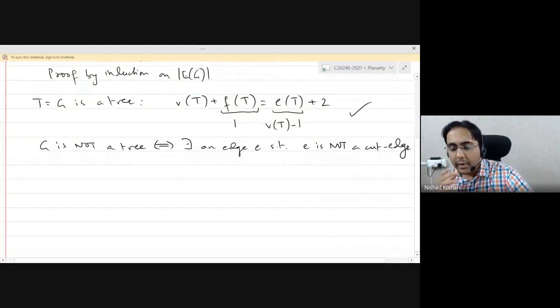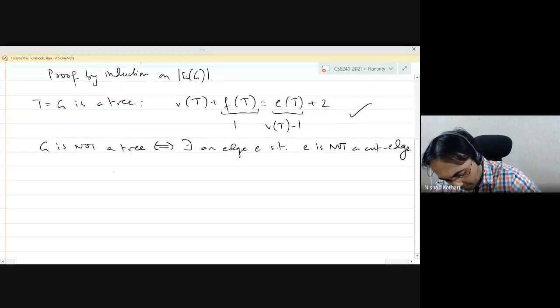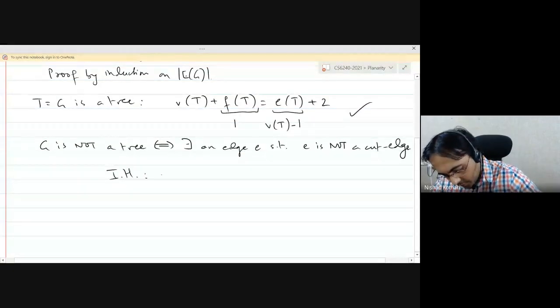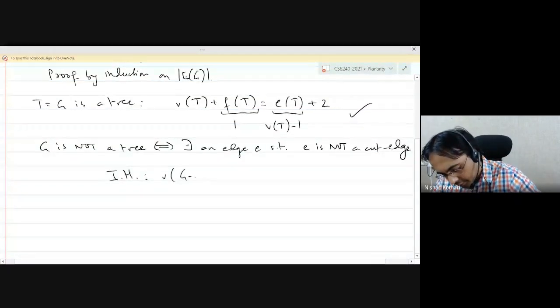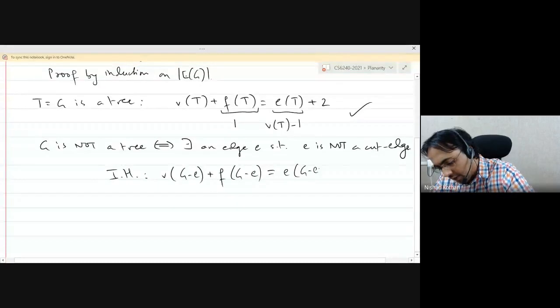Okay, so we're going to look at the graph G minus E, and we know the statement is true for that graph by induction. And now what happens in the graph G when you add the edge E back into the picture? By the induction hypothesis, we know that the number of vertices of G minus E plus the number of faces of G minus E is equal to the number of edges of G minus E plus 2.